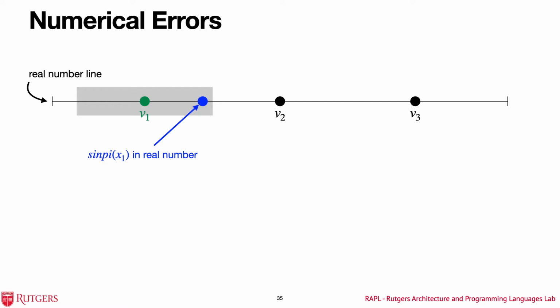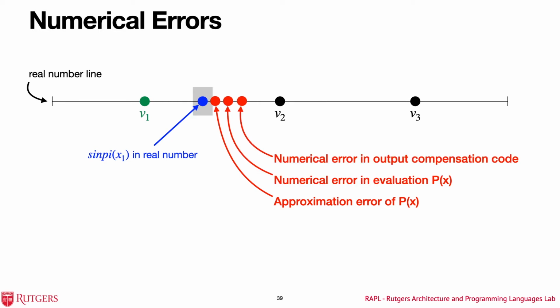But because minimax approximation approximates the real value of the elementary function, in reality there's only this much room for error. So mainstream math libraries have to use very accurate polynomial approximations and have to make sure that the numerical error that occurs from evaluating the polynomial and the range reduction is extremely small, or otherwise it'll produce the wrong results.